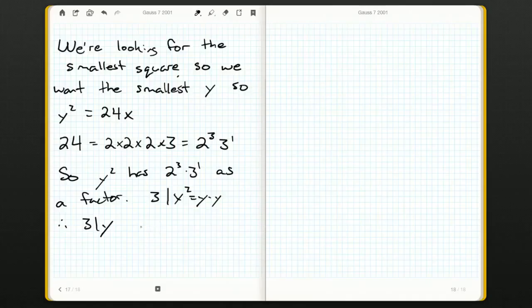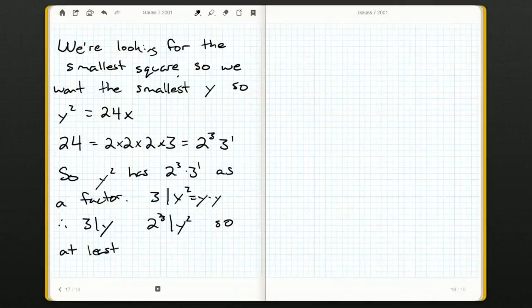In the same way, we know that 2 to the 3 divides y squared. So we need to split up 3 factors of 2 amongst 2 y's.